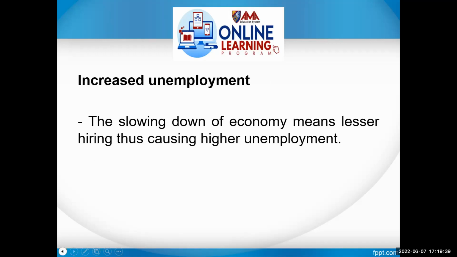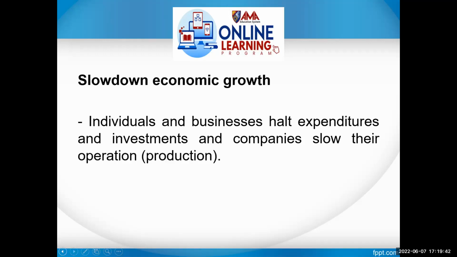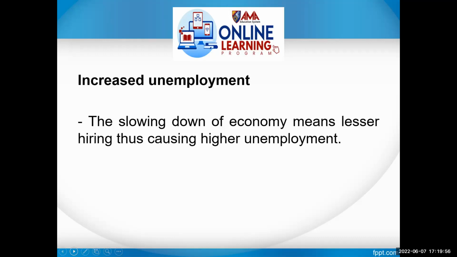Since we have mentioned that the economy slows down, production for a moment may be halted, may be stopped, or maybe in a lower level. What happens to the employment rate? Unemployment increases. The slowing down of the economy means lesser hiring because there is less opportunity, less production, less spending.